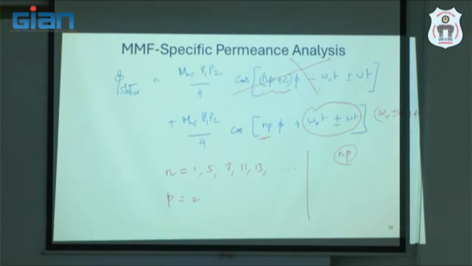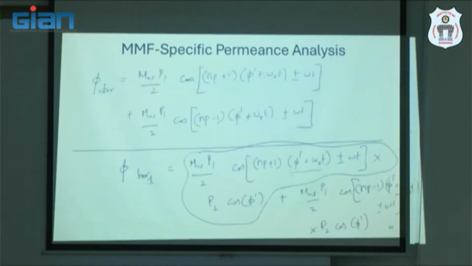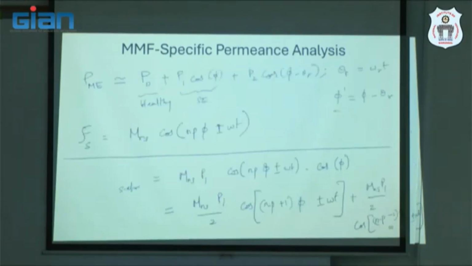This is the analysis you will carry out for different faults, and remember that we have just taken one term initially in one direction and one term in the other direction. When we went from stator to rotor, we started with the static eccentricity function only, and when we went back from rotor to stator, we just chose the dynamic eccentricity function only.